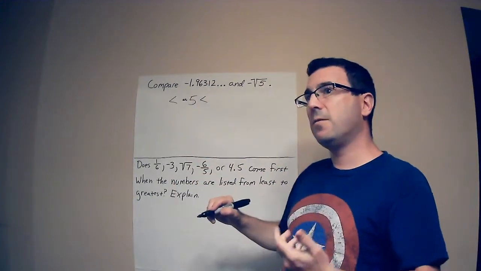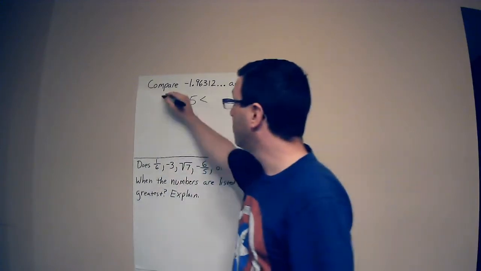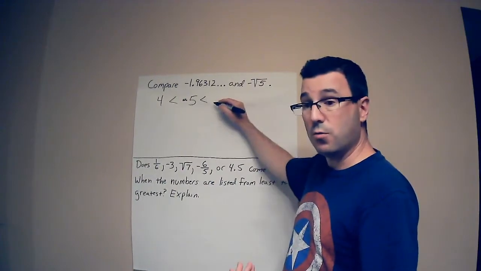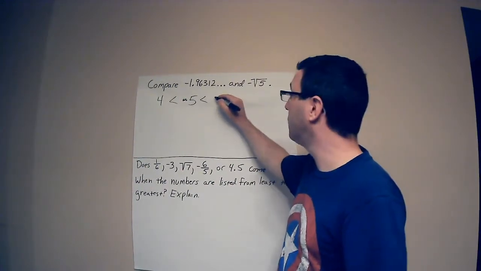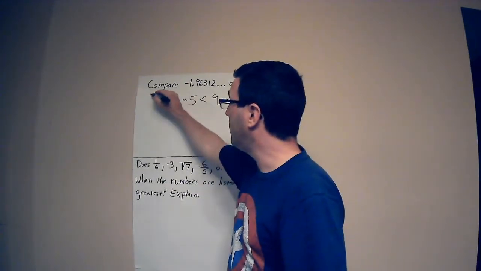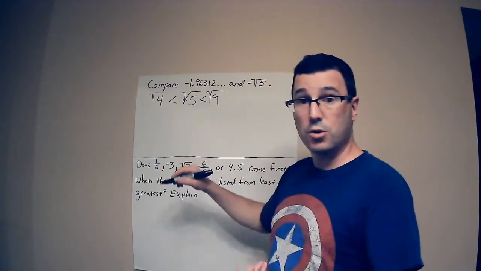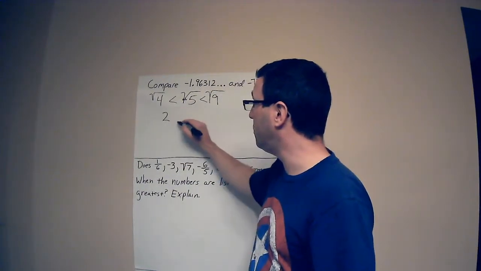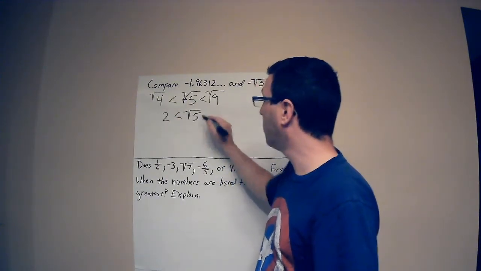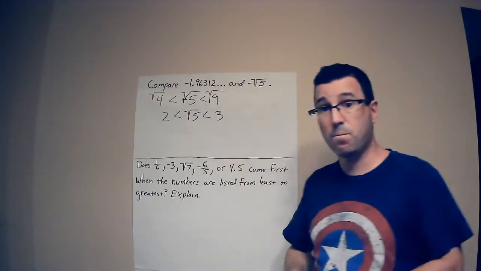Alright, 5 is between 4, which is a perfect square, and 9, which is also a perfect square. So now if I take these square roots, square root of 4 is 2. Square root of 9 is 3.